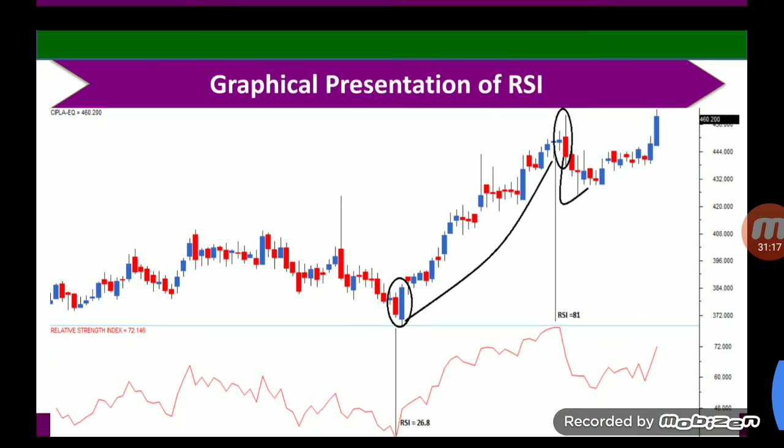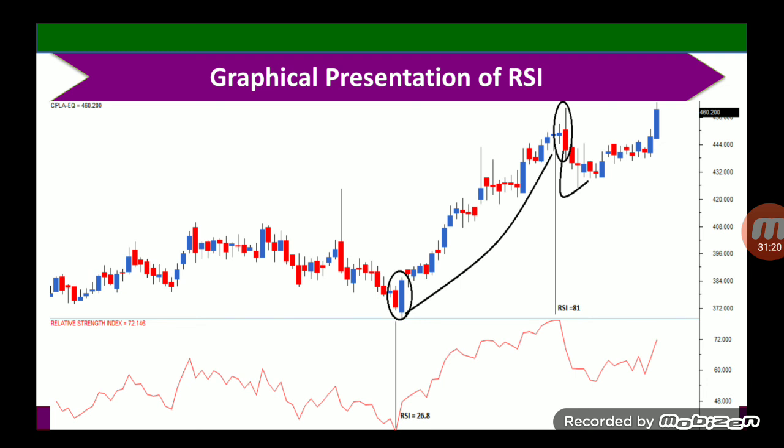Here you can see when the RSI is below 30, it shows the oversold area. You can observe this at the first point, and at the second point you can observe that at 81 RSI, that is when RSI is more than 70, it shows the overbought area. So RSI is used to identify the overbought and oversold areas.